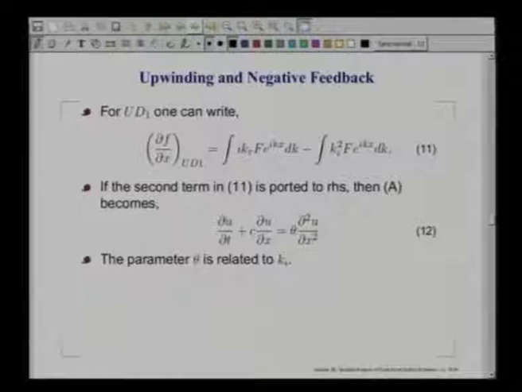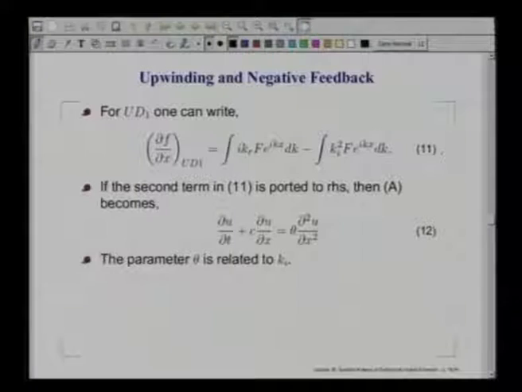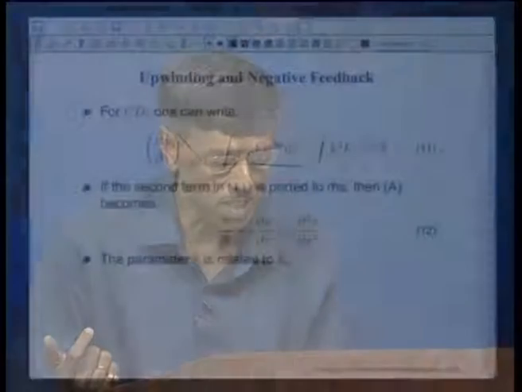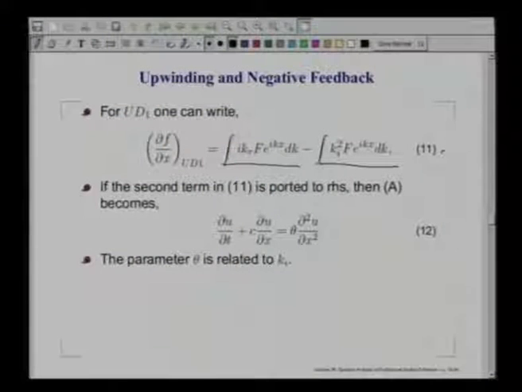Now, let us look at the consequence of this UD1 scheme. I told you that k equivalent has a real part and an imaginary part. So, that is what we have written down here in equation 11. We have shown that the real part gives rise to something like your CD2 scheme that we noticed before. This imaginary part actually gives you added dissipation.